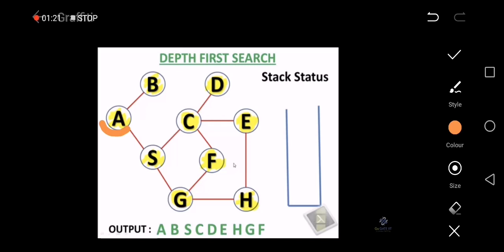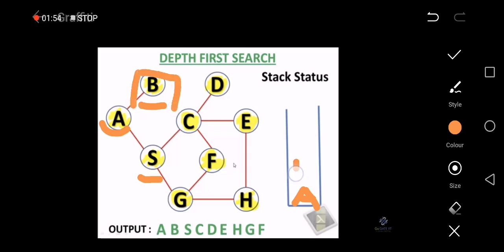So we put A here as we keep track, and then the point A is adjacent to vertex B and S. From the alphabetic order, we will go through B first.